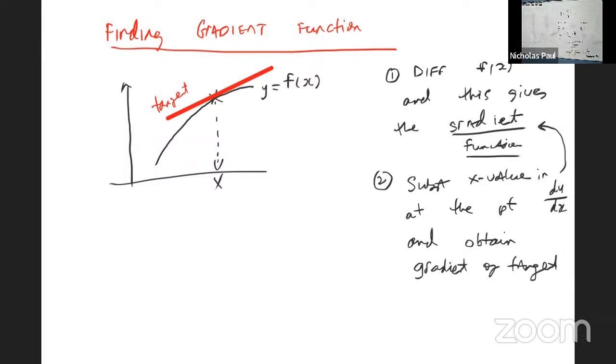Anybody remember how to get the gradient of the normal? The normal is this line here. Perpendicular. How do we get the gradient of the normal? Negative reciprocal, right? Negative reciprocal of the gradient of the tangent.